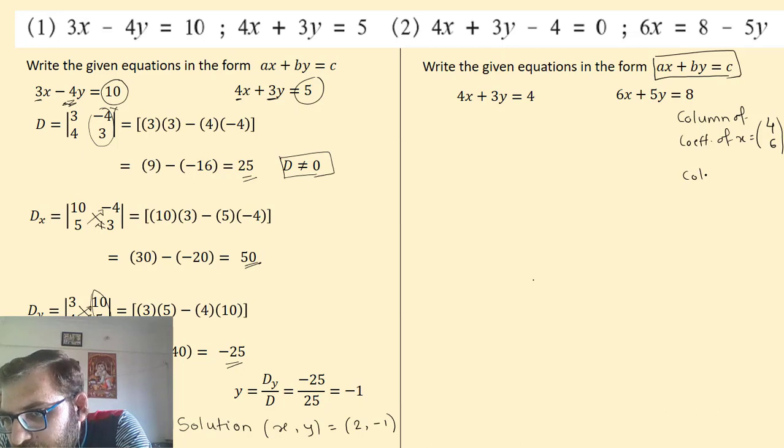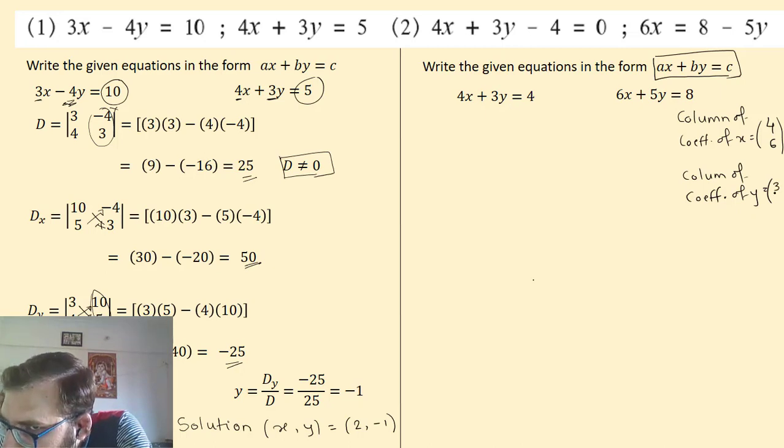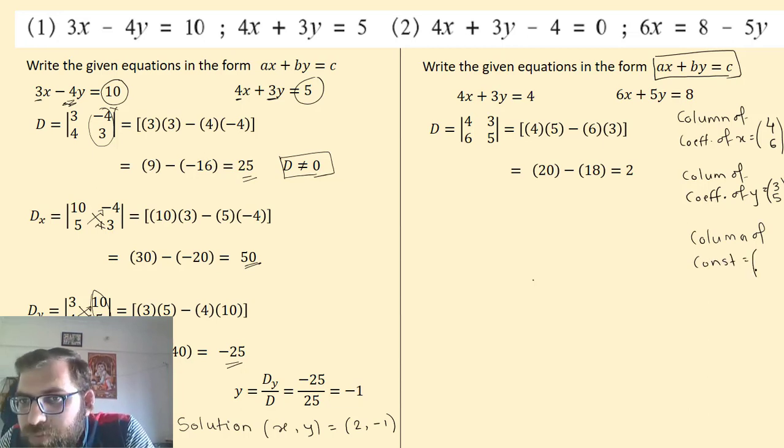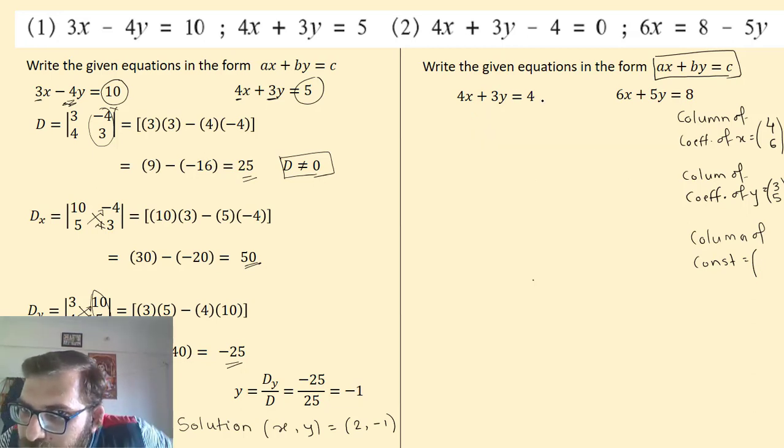Column of coefficients of y is 3 and 5, and column of constants is 4 and 8.